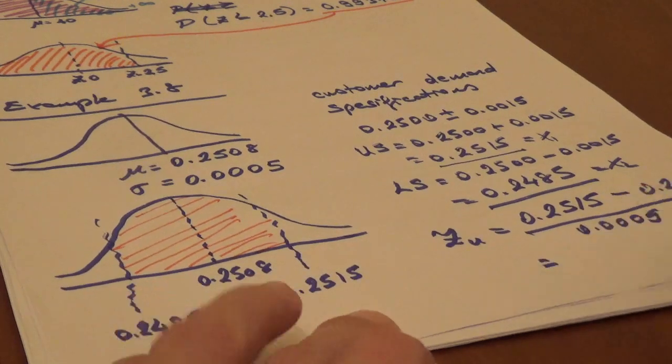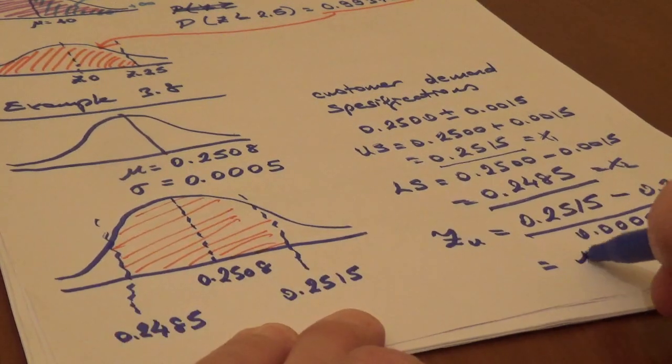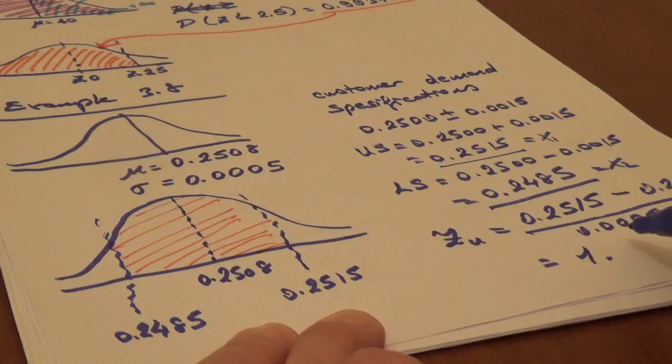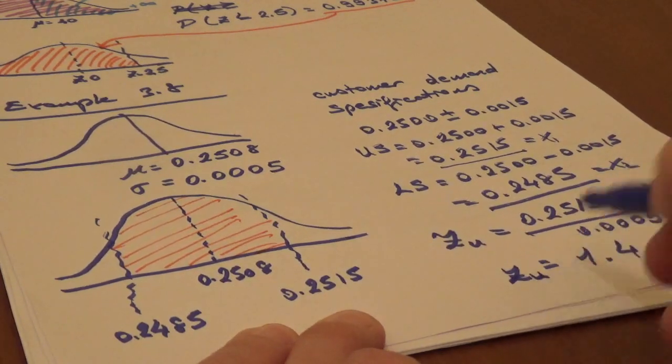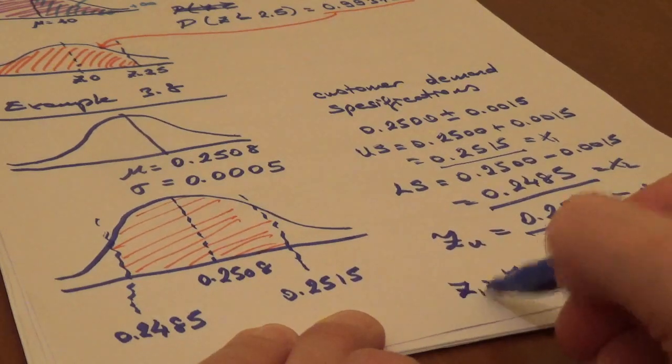This is found to be 1.4. This is the upper, or we can say Z1.